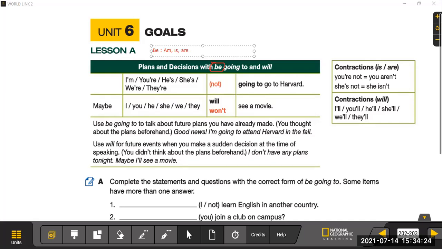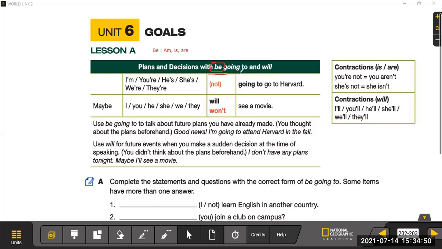We are not using the be in the sentence. When we are talking about plans, something that you know you are going to do because you planned that, we use be going to.